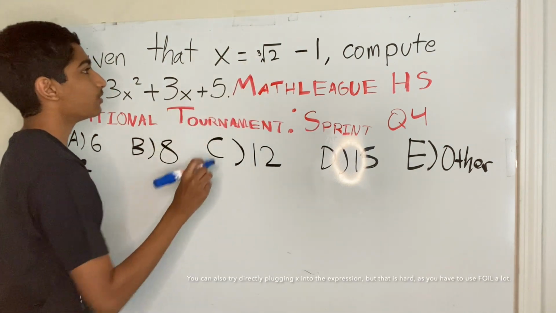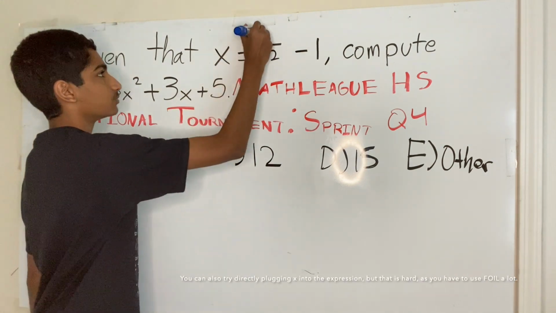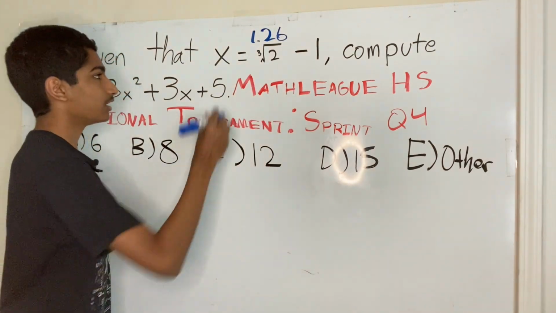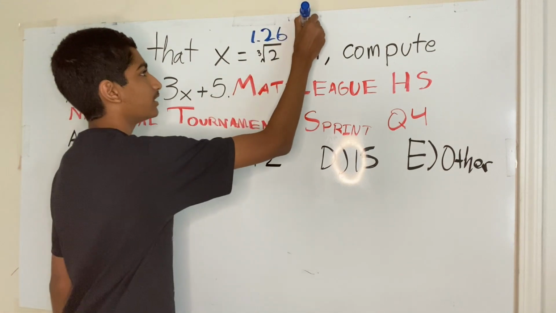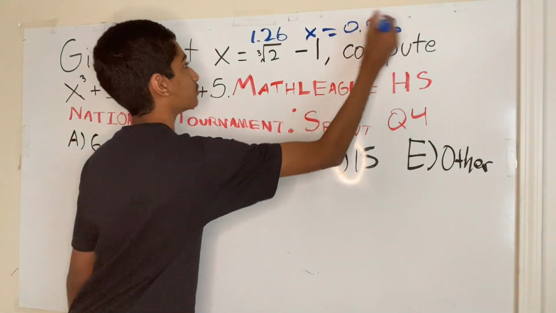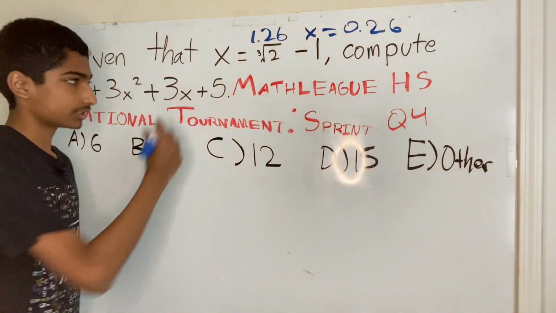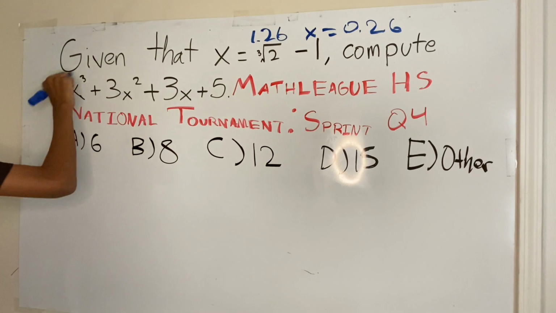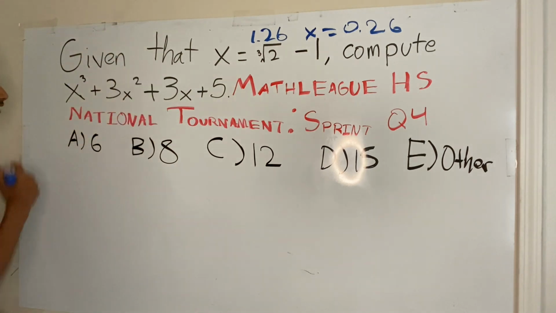So if you know that the cube root of 2 is 1.26, which you should, and I would recommend you memorize that, then we can do x is equal to 0.26, as it's just 1.26 minus 1, because that's x. So now we just have to plug in x into this expression right here.